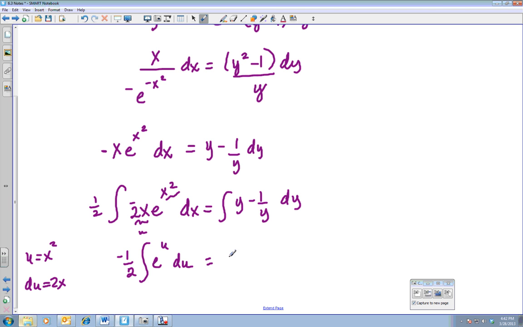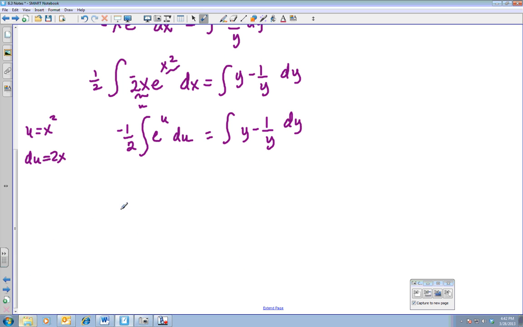And over here, I'm just going to leave it because I don't need to use u-substitution. All right, so let's actually integrate. Negative 1/2. When I integrate e to the u, it is e to the u, so e to the x squared equals, and I'm going to integrate this side, y squared over 2 minus the integration of 1 over y is natural log of y plus c.